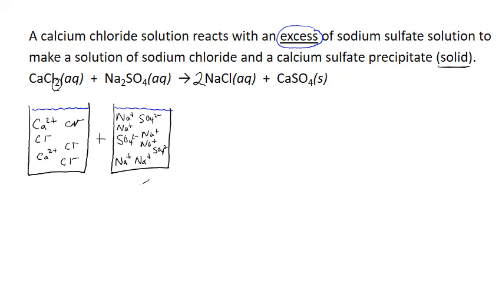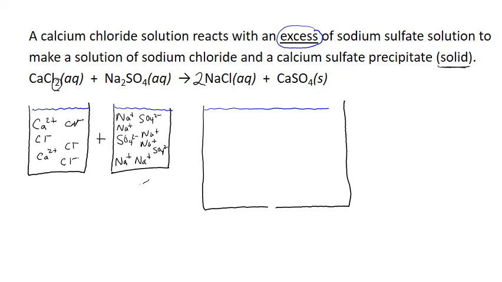Now these 2 solutions are going to be mixed together, and I'm going to pour them into a much larger beaker, just so I've got plenty of space to draw all the ions present. We already know that the calcium sulfate is a solid, so looking at the number of calcium ions that are present, 1, 2, and the number of sulfate ions that are present, 1, 2, there can be a total of 2 calcium sulfate blobs as a solid that are prepared in this reaction.